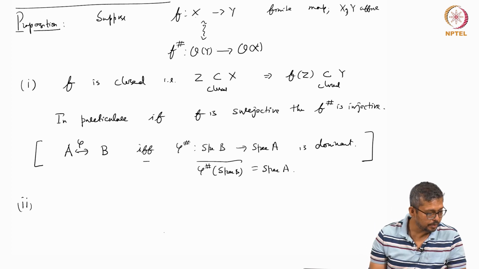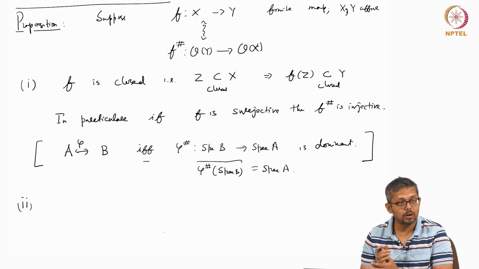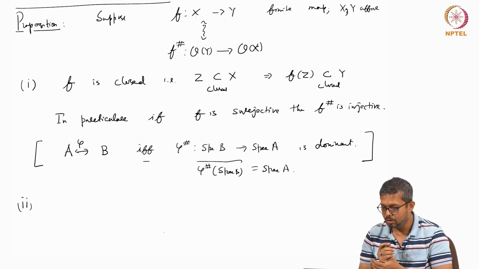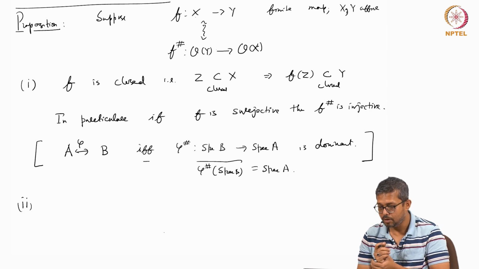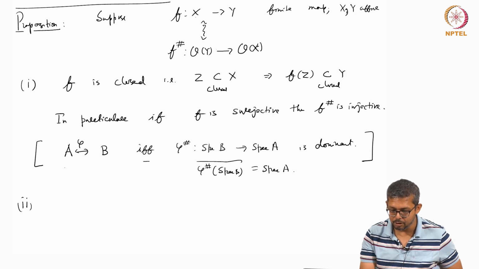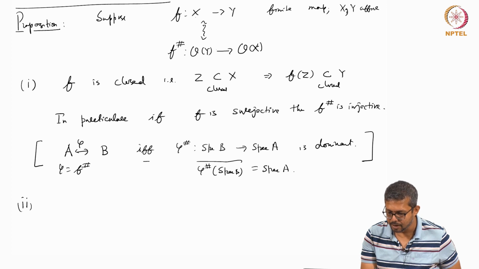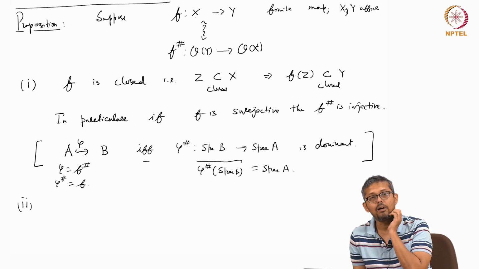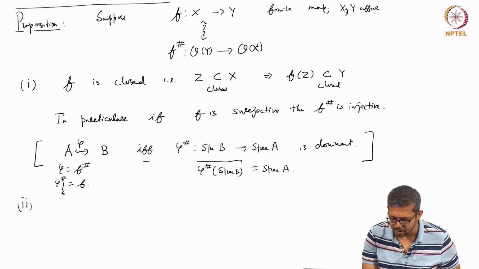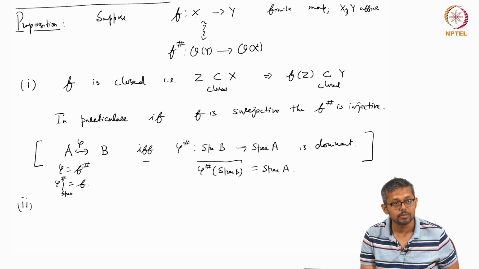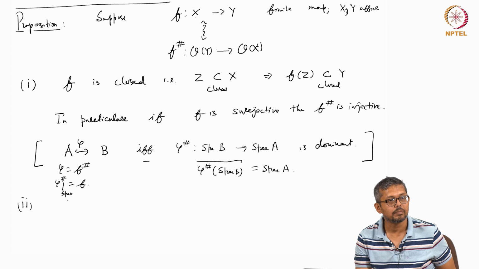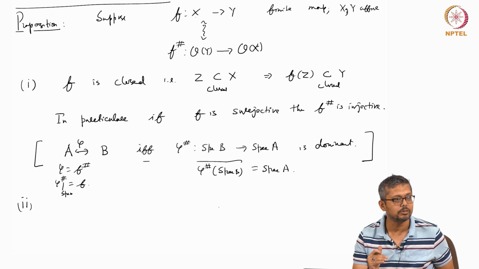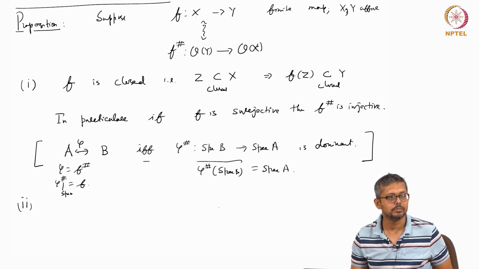So next, take the map phi from Spec B to Spec A. Your phi is f hash and phi star is f, I mean phi star restricted to Spec of maximal ideals. Phi star is at the affine scheme level, but here you are restricting to the maximal ideals, so that we can correspond to points.